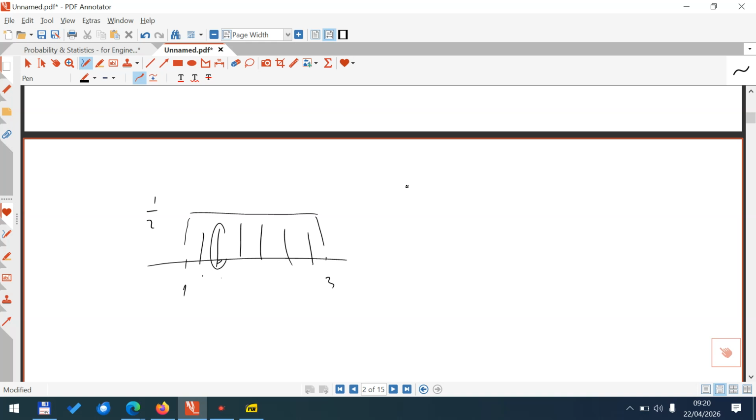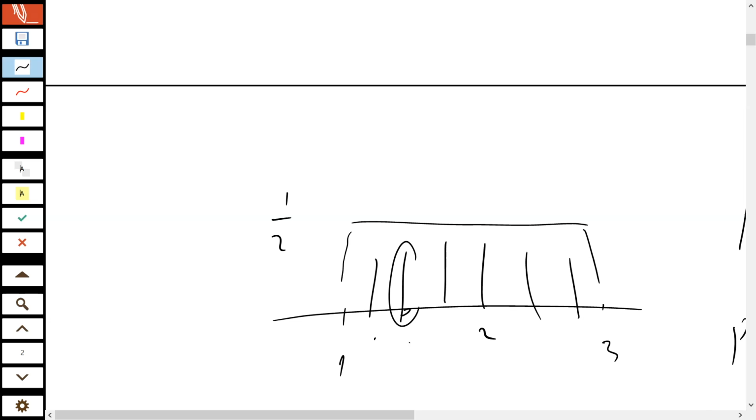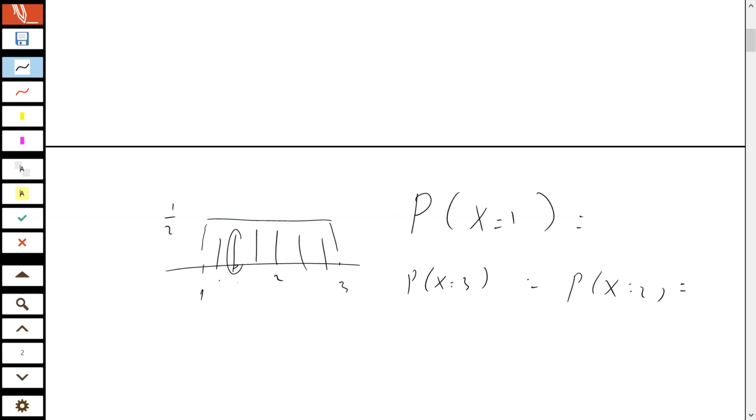So can I say that probability of x equals 1, probability of x equals 3, and probability of x equals some value here, let's say 2, all these three must be the same, right? Is that what we mean by equally likely here? Think about it. It's not correct.